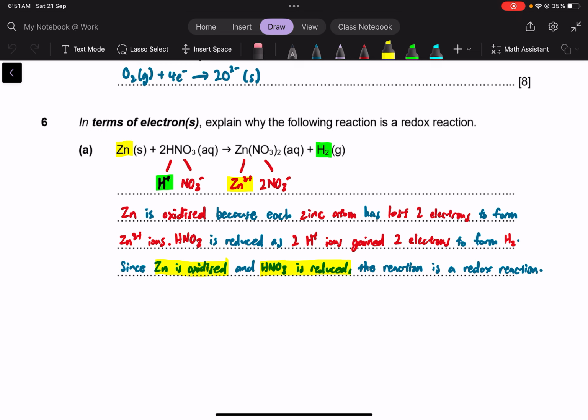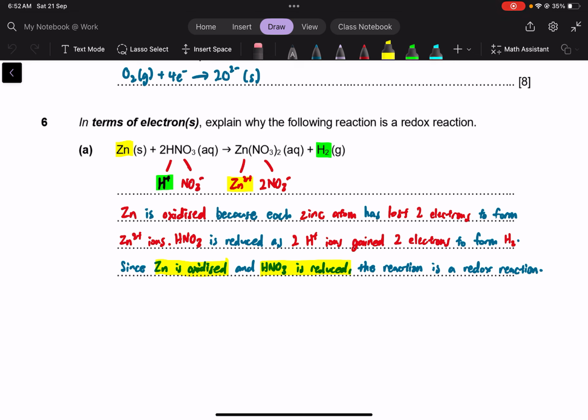Okay, for the last part of this redox worksheet 1, in terms of electron transfer, do take note that we break the substances down into their respective ions. For nitric acid, I broke it down into its ions, H plus ion and the nitrate ion. And for zinc nitrate, the product, we split it into the zinc 2 plus ion and the nitrate ion.